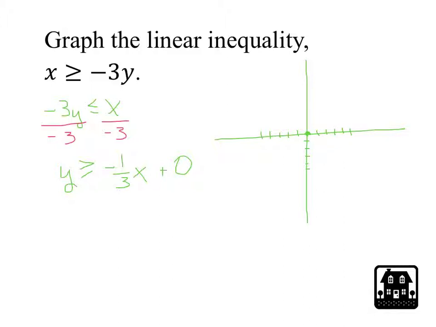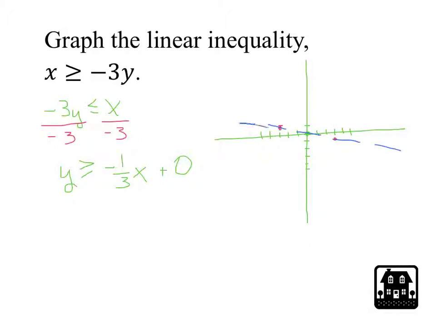So one of our points is going to be there. And you could go up 1 and over 3, so one of our points would be here. Okay, so we're going to draw a blue line with that little slope.